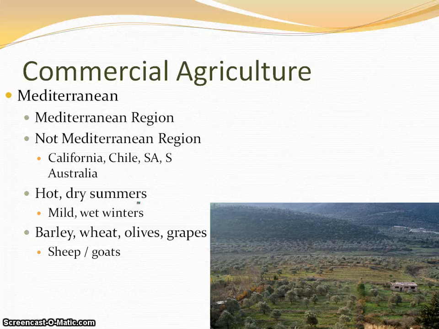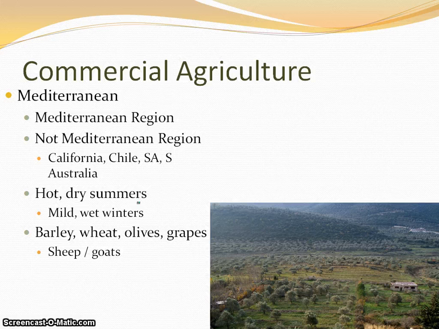Mediterranean agriculture has more to do with the climatic region that the agriculture is practiced in, as opposed to the actual physical location and the types of crops that are being grown. So again, it pertains primarily to the climatic region. When we talk about Mediterranean agriculture, we're not just talking about the specific Mediterranean region on the Mediterranean Sea in southern Europe, northern Africa, and parts of Southwest Asia.